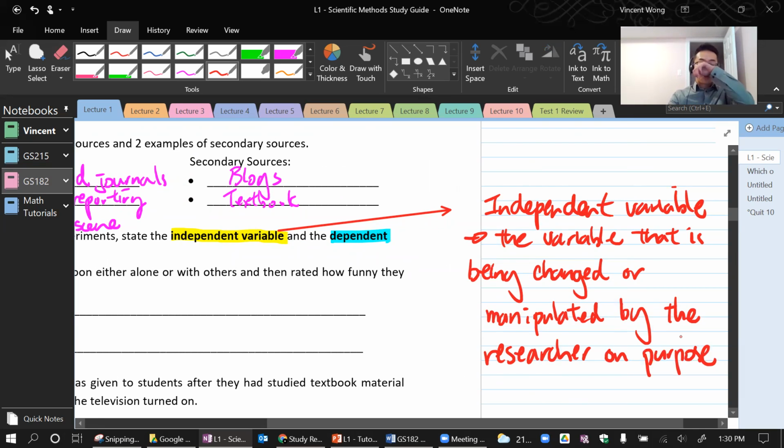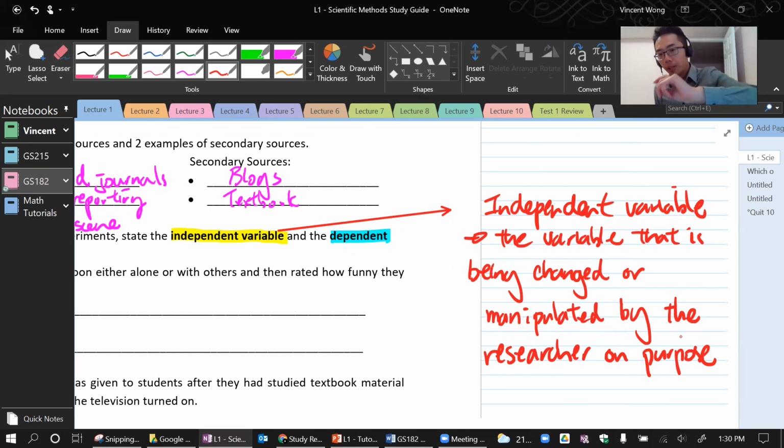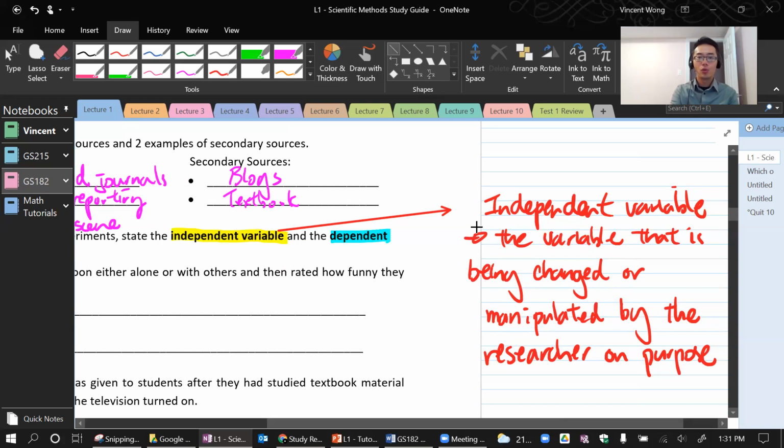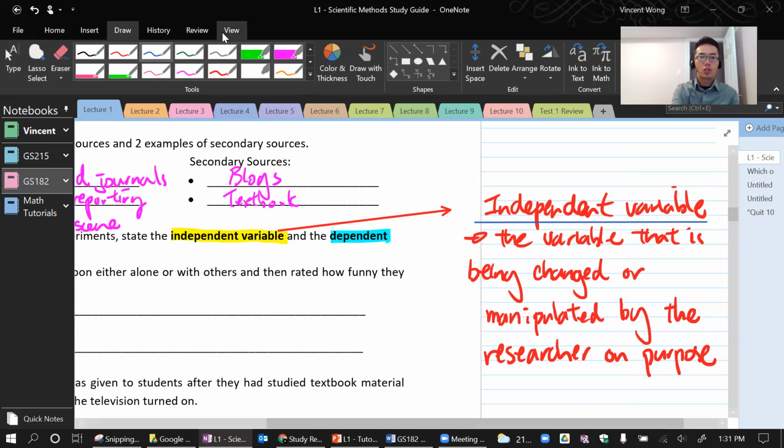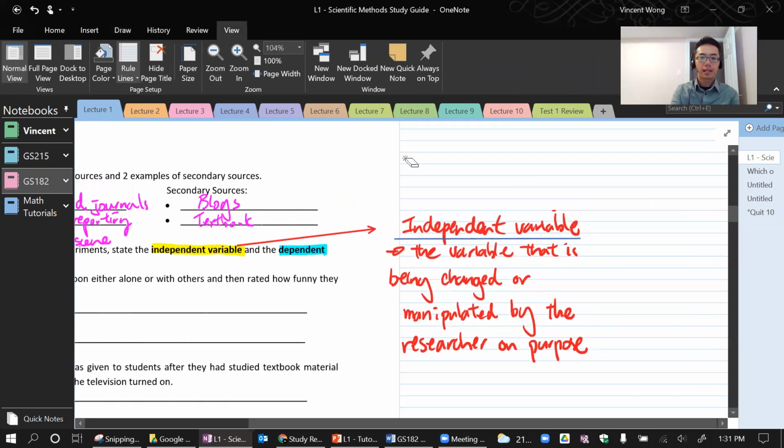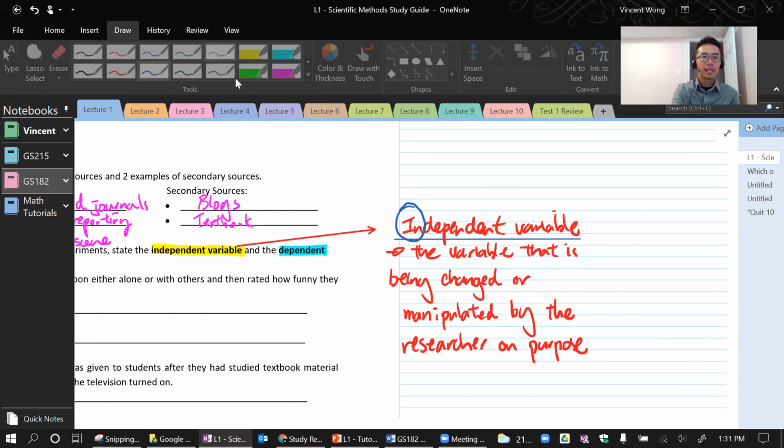Okay, so when you do an experiment, you want to change the one variable, okay, and then you are going to see if this will affect the dependent variable. Okay, so the independent variable is the one that you change, you are in charge of. Okay, that's how I can remember it, right? Independent, you are in charge of it.